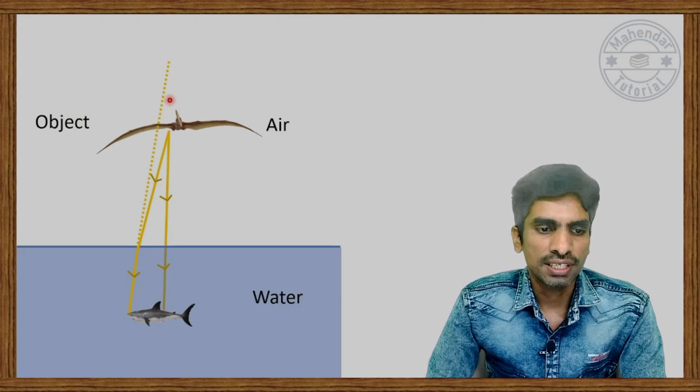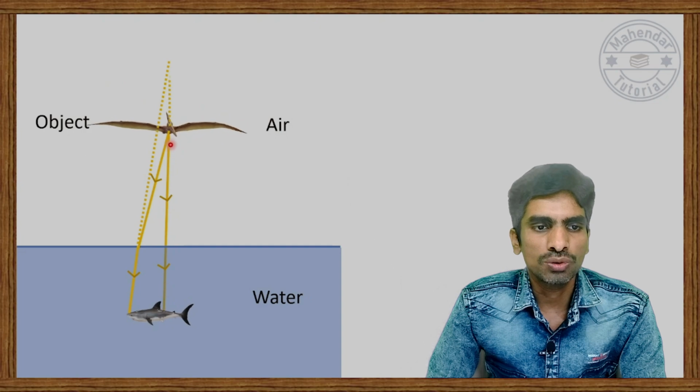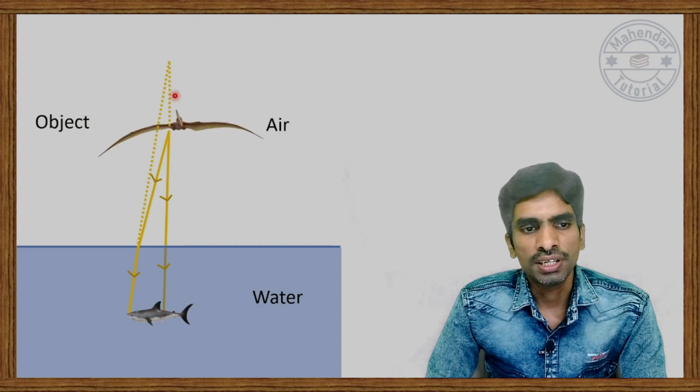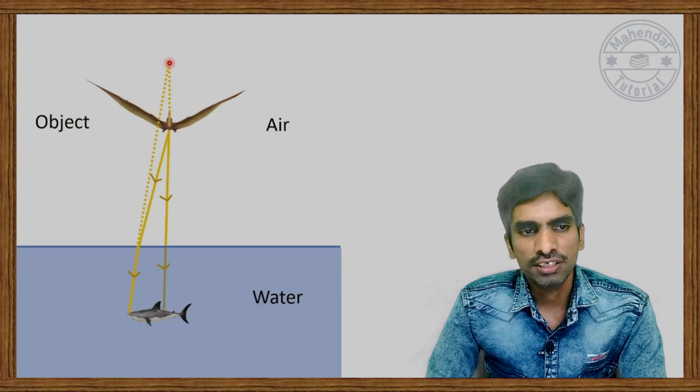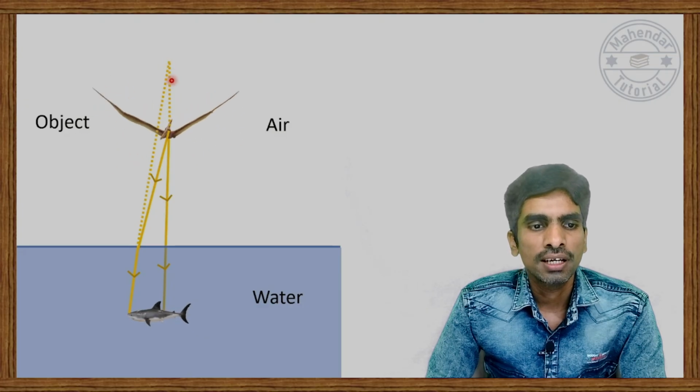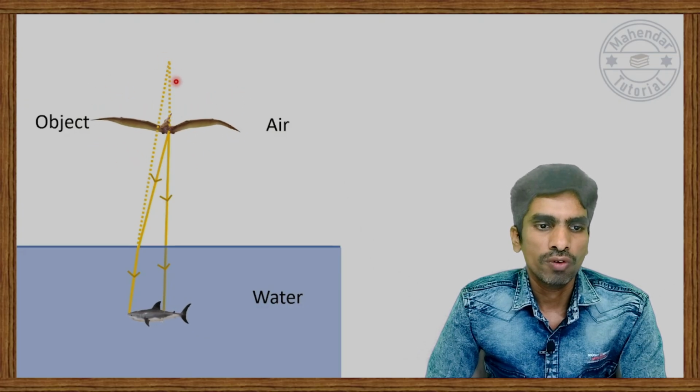And when we extend the first incident ray which is passing through the normal back, these two rays appear meeting at one point, intersecting at this point. Here the image of the bird is formed.